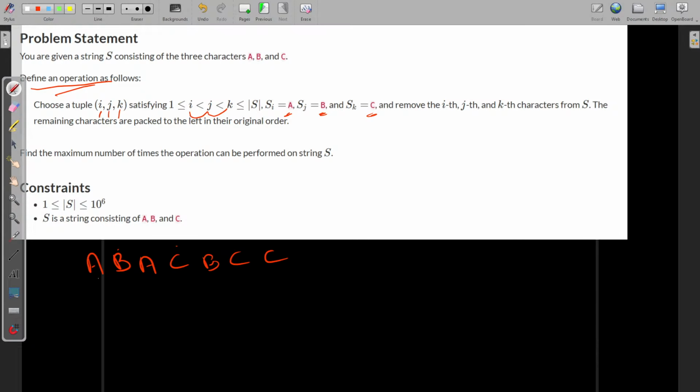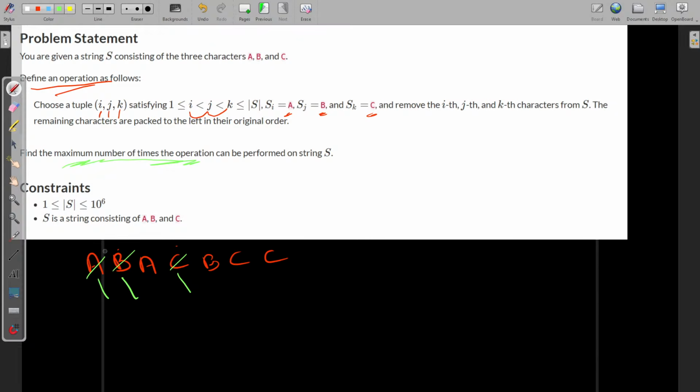So I can select 1, 2, and 3, and with this, you can just remove those. Yeah, the remaining characters are packed to the left. We have to remove those 3 indices, right? And we have to find the maximum number of times we can perform this operation.